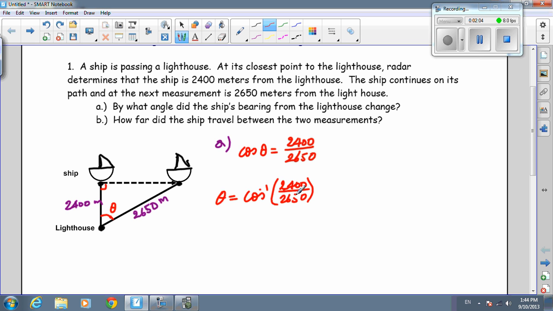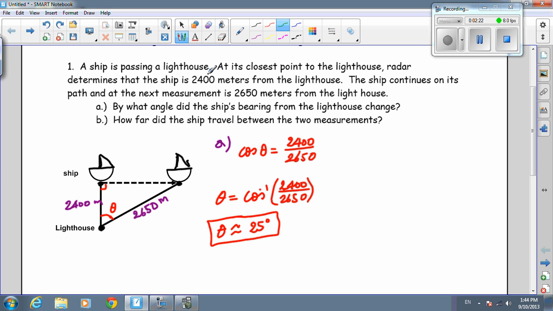Your calculator can help you determine this value, and if you use your calculator properly in degrees, you should get approximately 25 degrees. Keep in mind, we're rounding all angles to the nearest degree and all measurement to the nearest thousand.